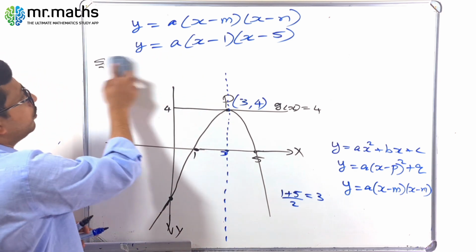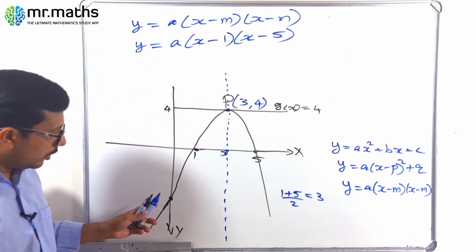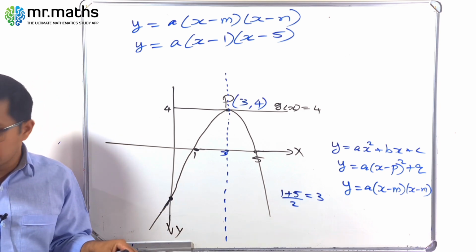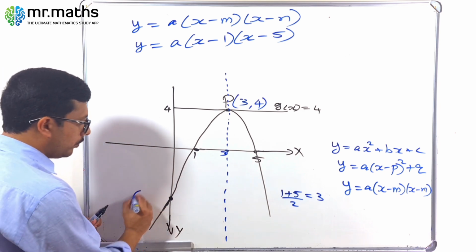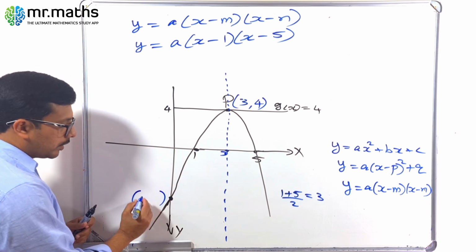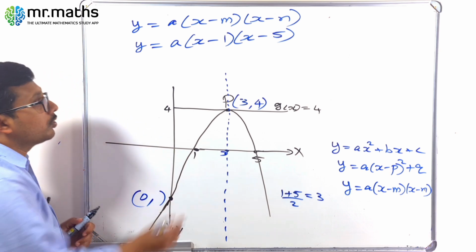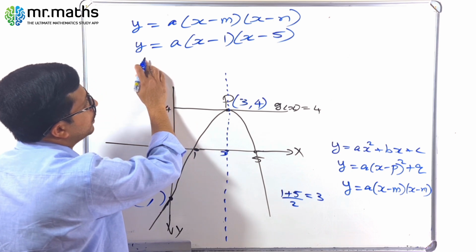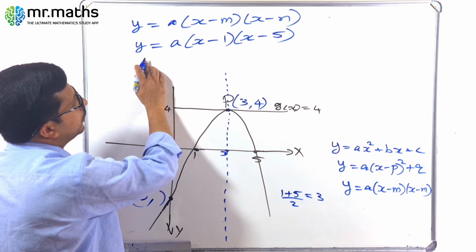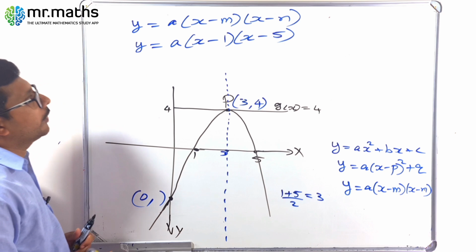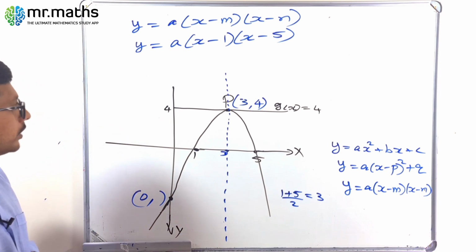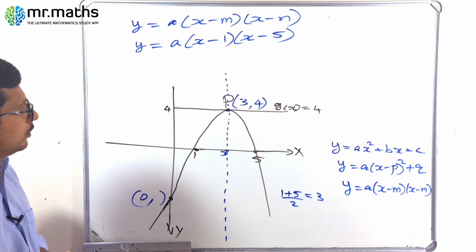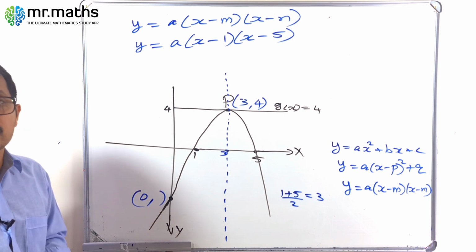Okay, so now look at this one. We are trying to find the y-intercept. At the y-intercept we know the x value: the y-intercept x value is 0. Oh, okay, because of 0 minus, yes, we have to find a, sorry.